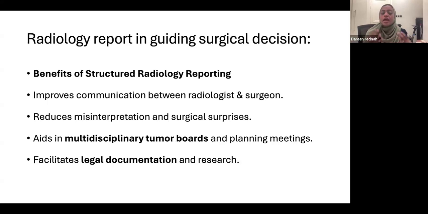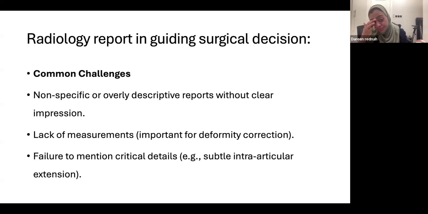As in oncology, we have a multidisciplinary tumor board where the radiology attending explains to us the images, the size, the margins, the tumor, the neurovascular bundle, everything, and we keep asking questions that are not mentioned in the report, just to have clear planning for surgery. Facilitate legal documentation and research.